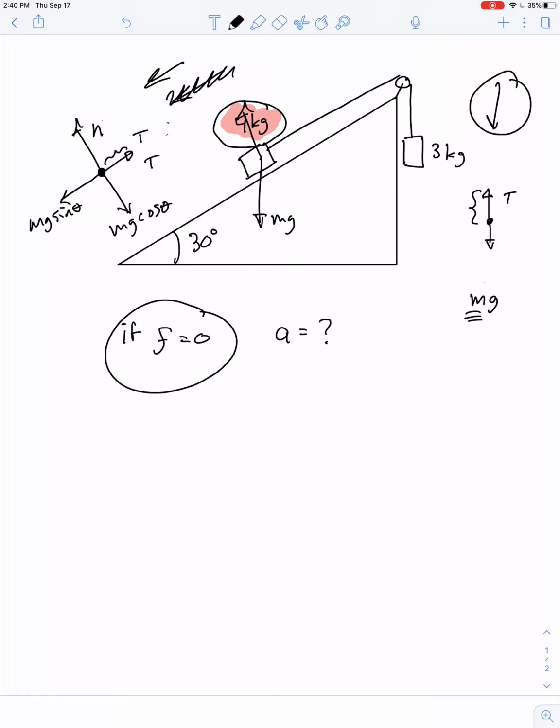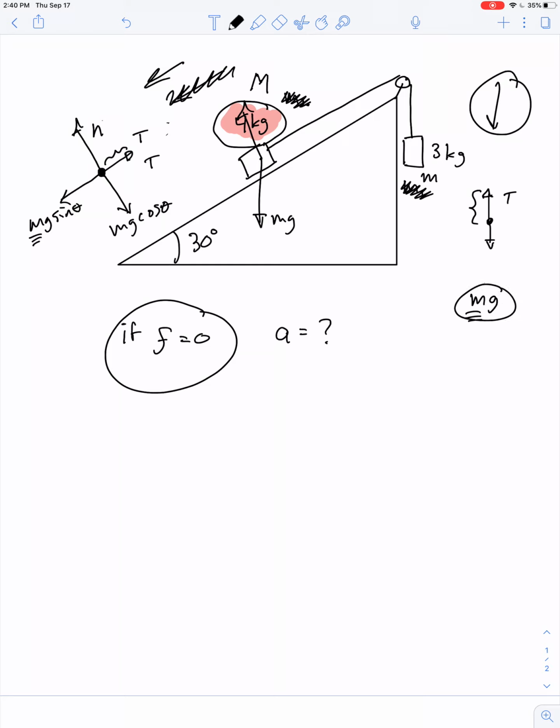Also, there's a problem here. In both cases, I just labeled it as m. I need to make a distinction. So one way we often do it is call one of them m1 and the other one m2. That's not bad. Another option, if you don't want to use subscripts, would be labeled the larger mass capital M and the smaller mass lowercase m. So let's do that.